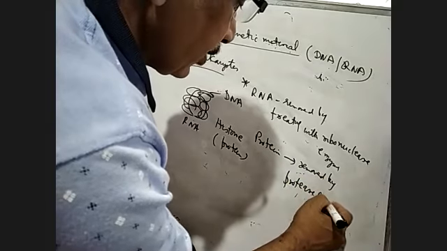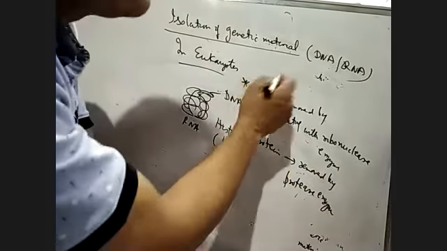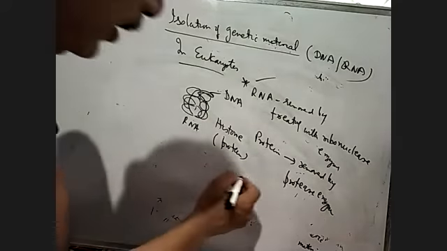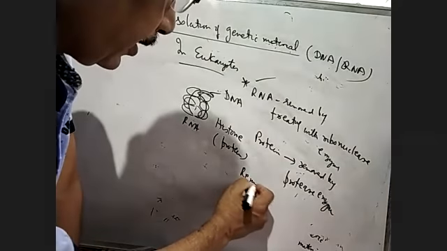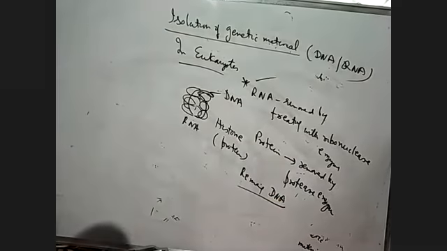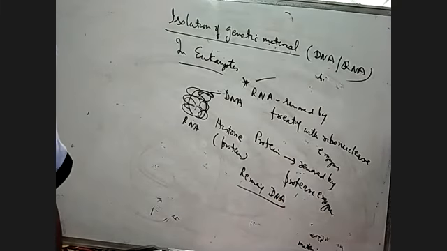RNA we have removed, and protein we have removed, so what remains will be DNA. In this way, DNA will be isolated from the eukaryotic cells.